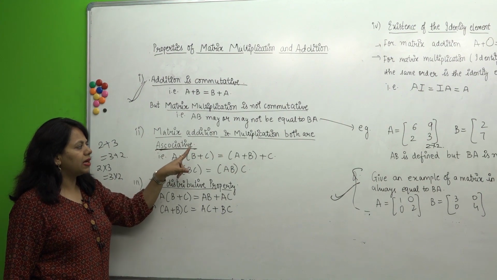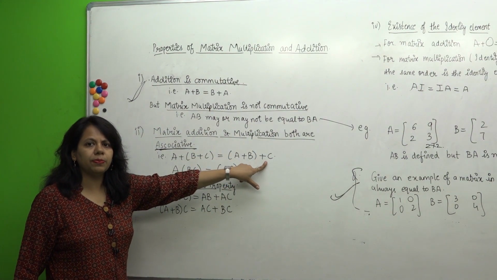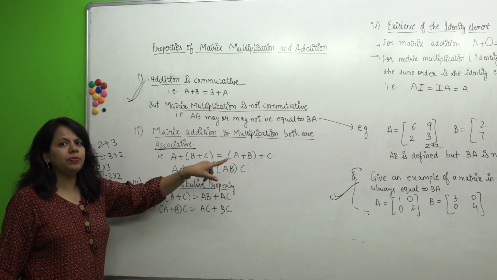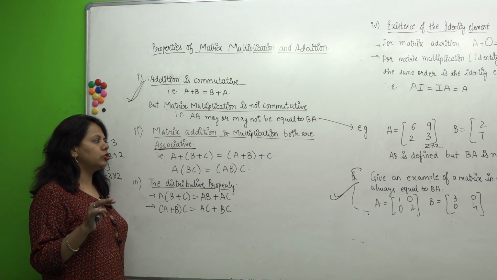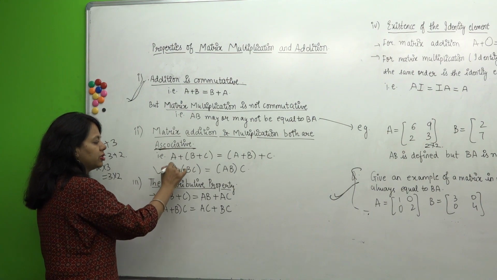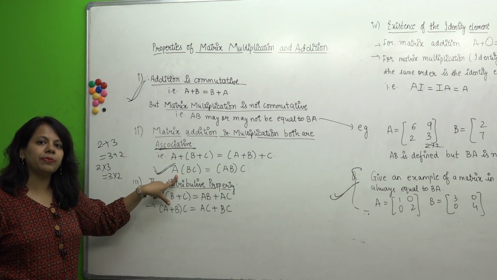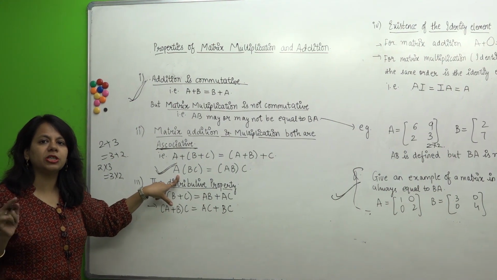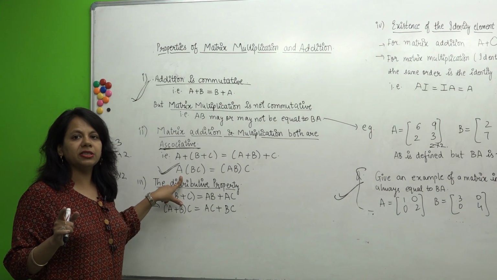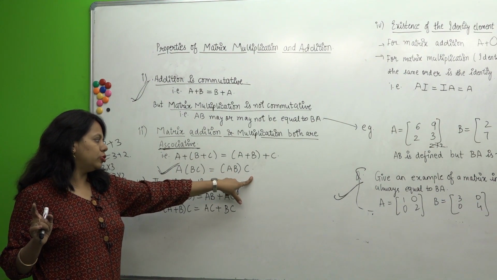That is, A plus brackets of B plus C is the same as A plus B plus C, and A into BC is equal to AB into C. So please do remember, although matrix multiplication is not commutative, it is still associative. This is a very peculiar property of matrix multiplication, that it is not commutative, but it is associative. So A into BC is equal to AB into C.